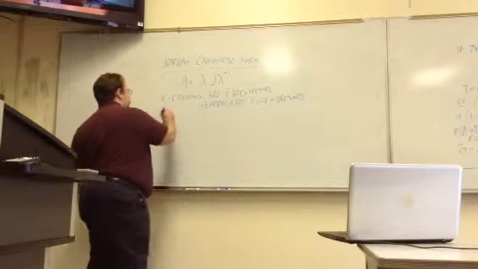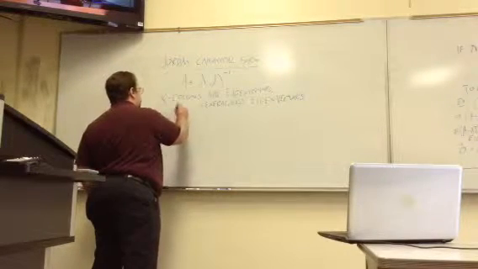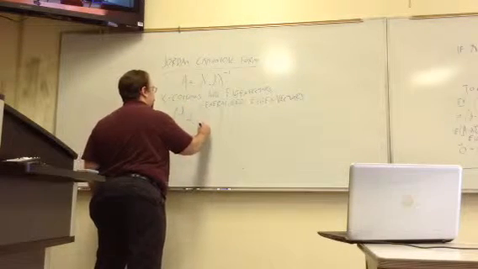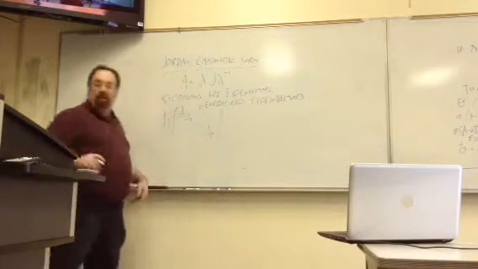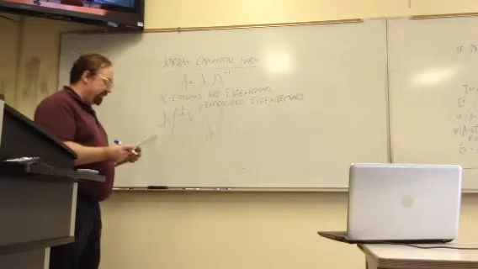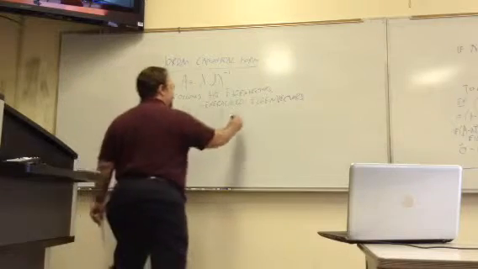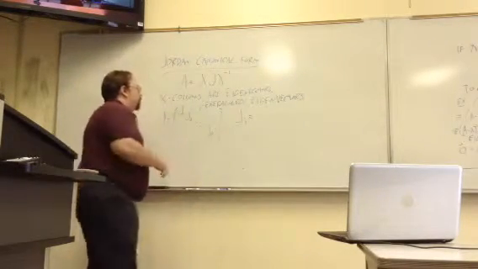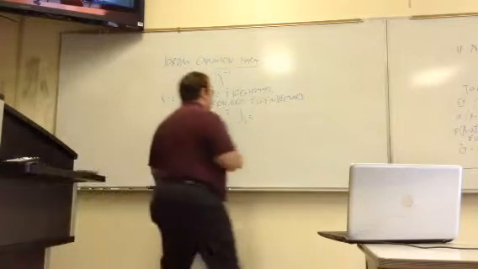Now, J has a very interesting structure. It is block diagonal, and we'll call the blocks J1, J2, up to Jp, for however many blocks we have. Each of these is called a Jordan block, and each of these blocks has this structure.